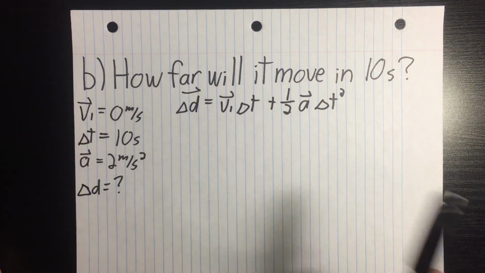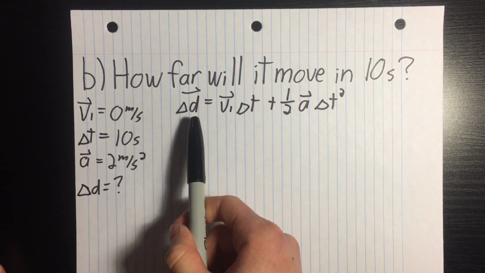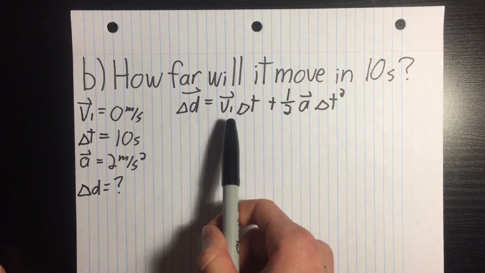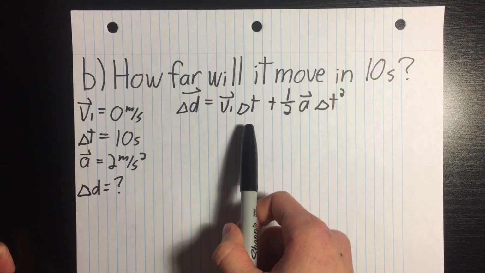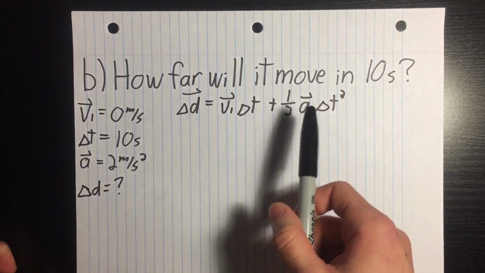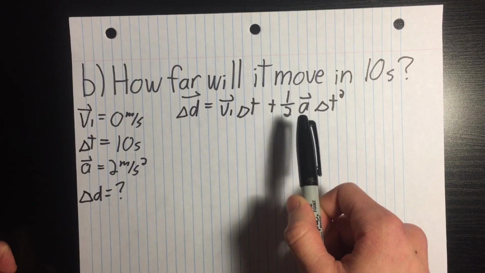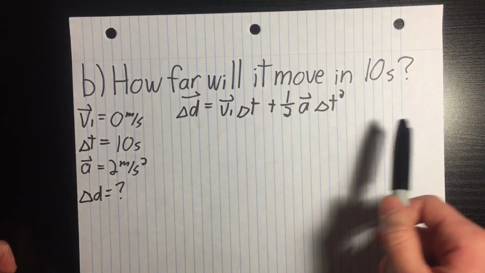If we look at this formula, we do not have D yet. That's what we're trying to solve. Our V1 is 0 because it's not moving initially. Our delta T is 10 seconds. Our a, we got from part a of the question, which is 2 meters per second squared.